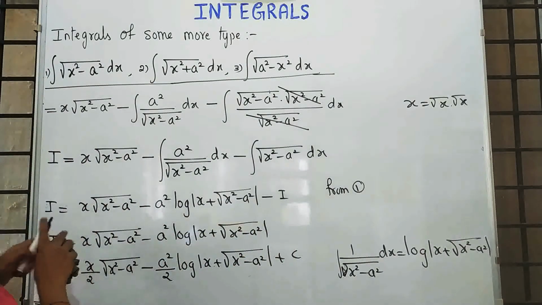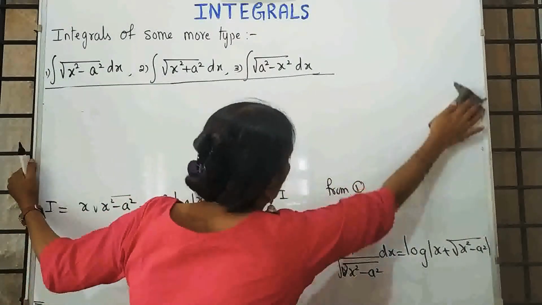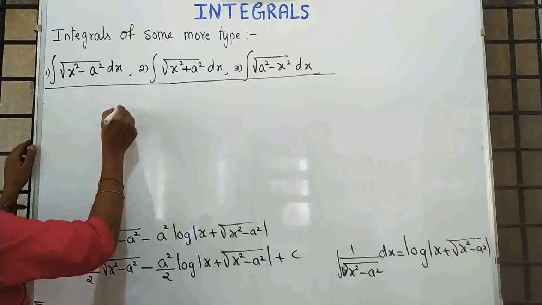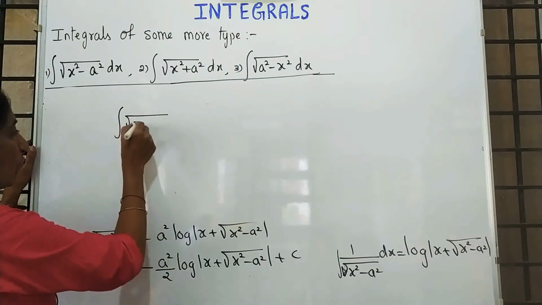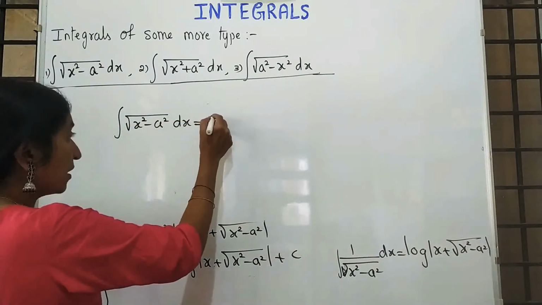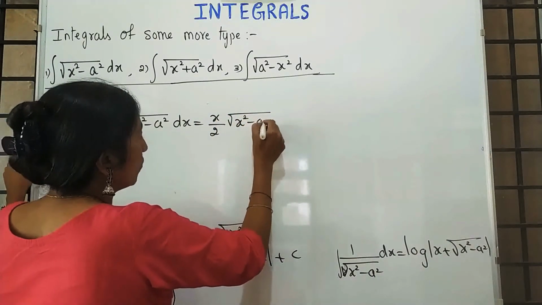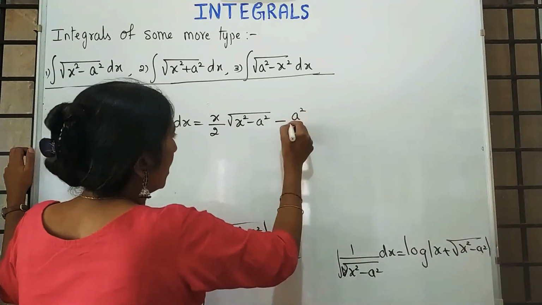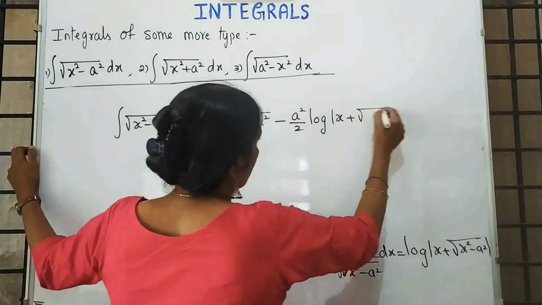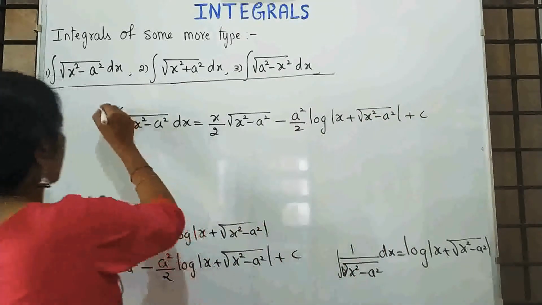So at last, rewrite once again the formula. Therefore, what is that formula then? Therefore, integration of root of x square minus a square into dx is x by 2 root of x square minus a square minus a square by 2 log of x plus root of x square minus a square plus c.